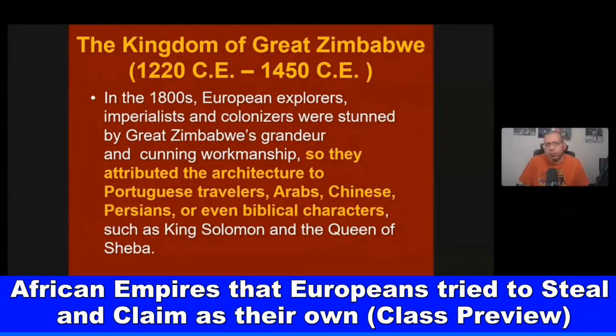Now, in the 1800s, European explorers, imperialists, and colonizers were stunned by Great Zimbabwe's grandeur and cunning workmanship. So they attributed the architecture to Portuguese travelers, Arabs, Chinese, Persians, or even biblical characters such as King Solomon and the Queen of Sheba, which is really, really problematic.